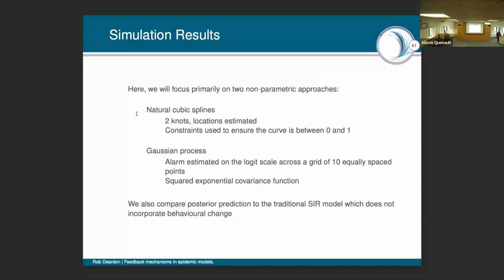So we've been trying this with splines and Gaussian processes. The way this is set up here, the spline only has 2 knots, so it's relatively inflexible. The Gaussian process was set up in such a way that it's more flexible, as you'll see with some of the results. But we can see if we can recover the parameters, and we can also see how well we forecast if we use a model like this.